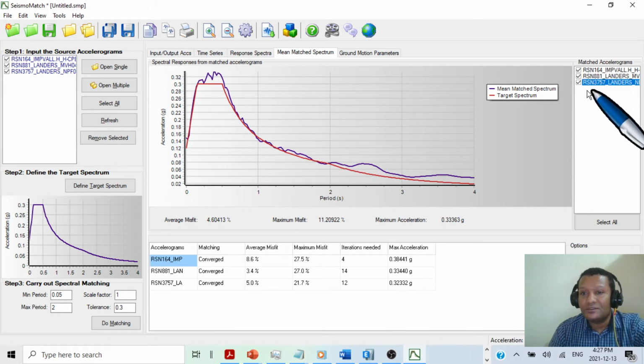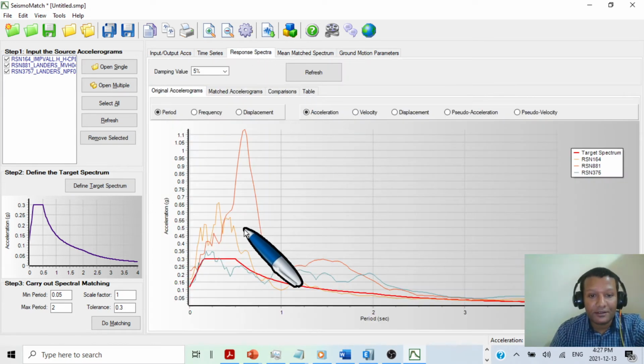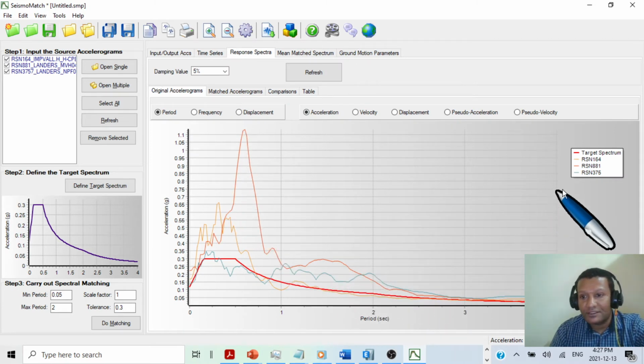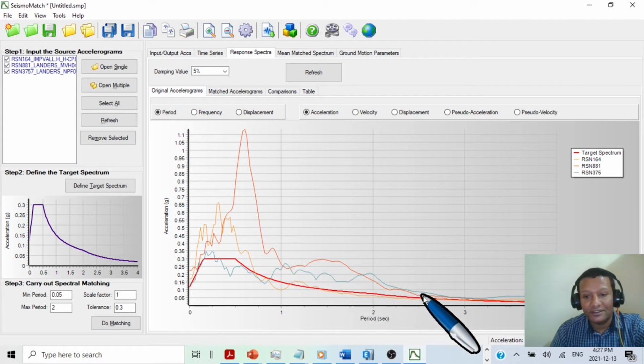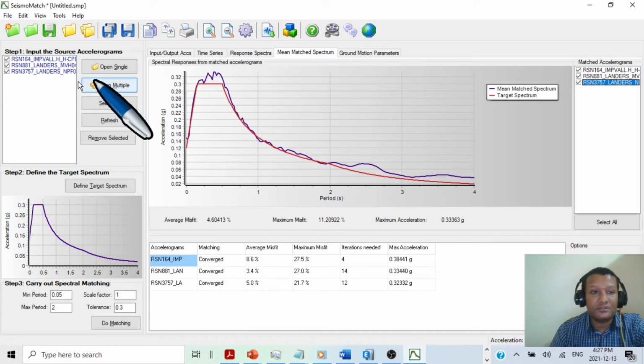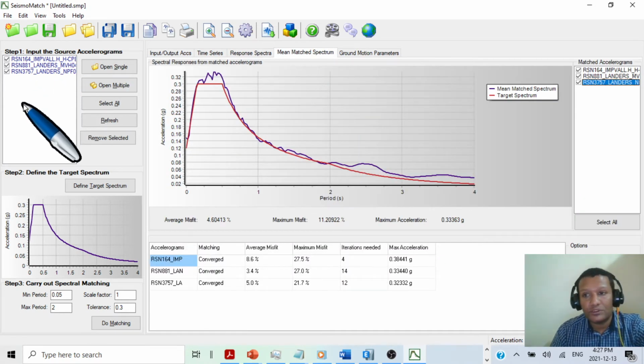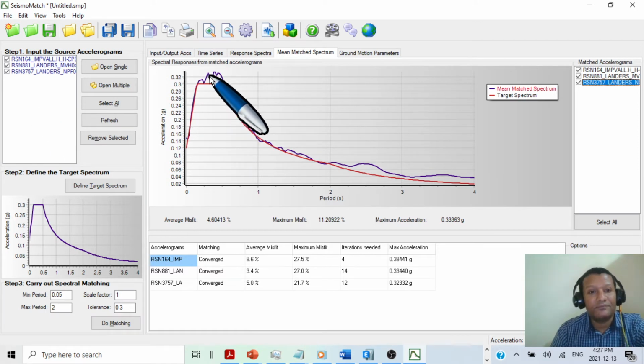Yeah, so as per here, the maximum is this one. This means RSN 375. We have to use the maximum, this one. But if you use 7 or more than 7, we have to use the mean of the values.